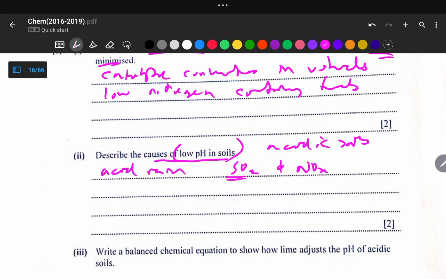So this will then hydrate to form sulfurous acid or sulfuric acid, and nitrous acid or nitric acid. So these acids will then pollute the ecosystem through acidification, right? So this is what you need to understand. And also decomposition of some organic matter can lead to the acidification of soil, and we are done.